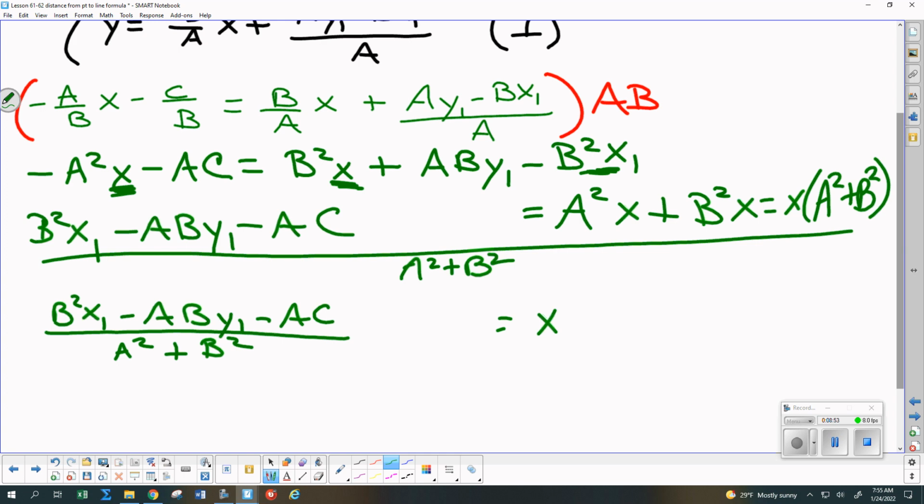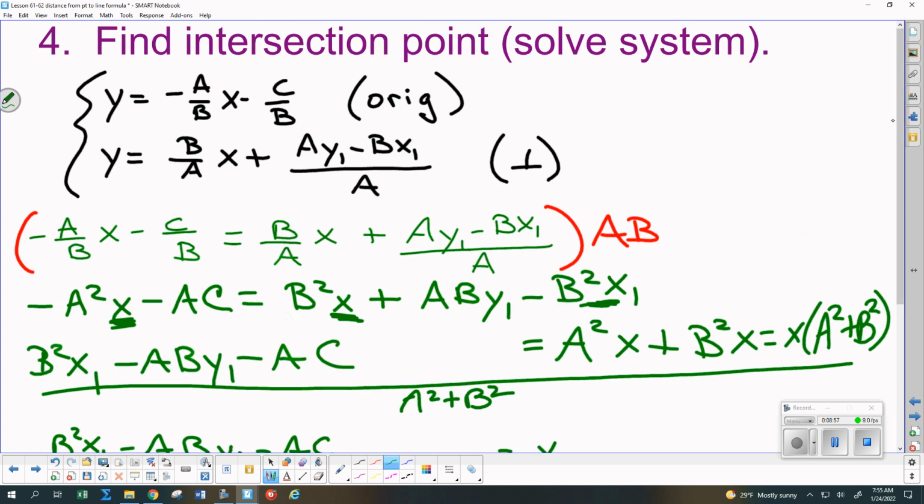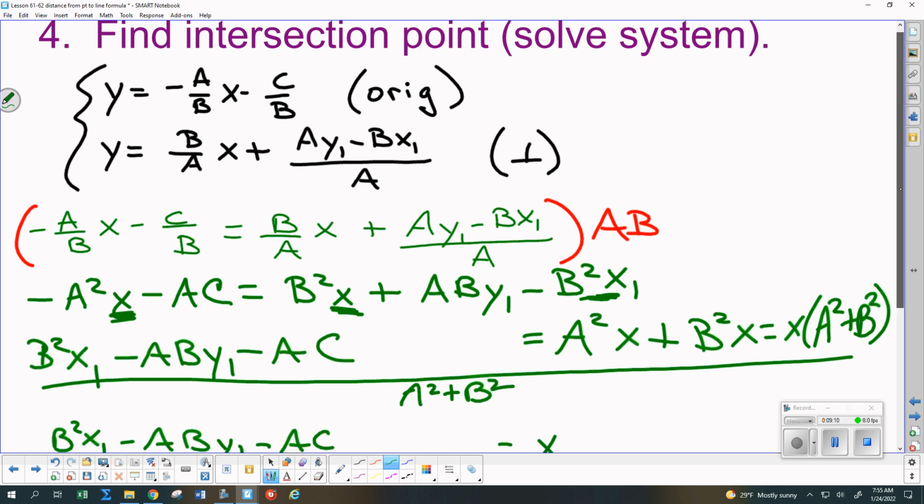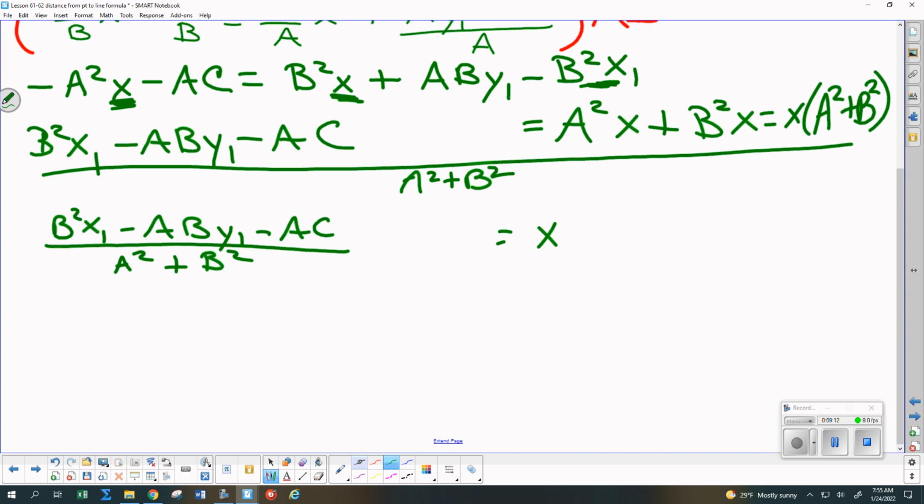Okay, so now to get y, we need to plug that in to one of our two equations in our system. I vote for the top one. It looks a little bit shorter. Is that good with everybody? So we're going to take y equals minus a over b times all of that, and then minus the c over b.